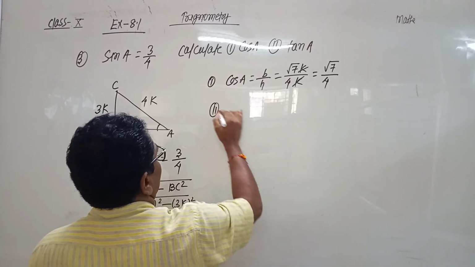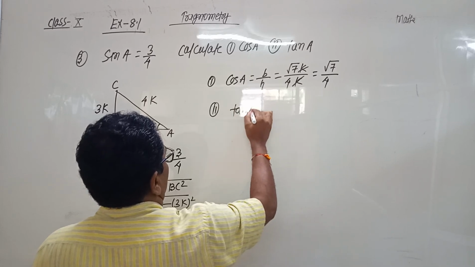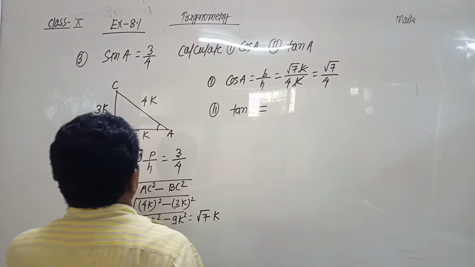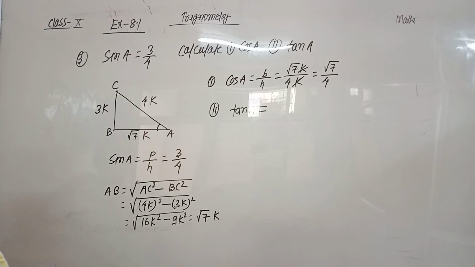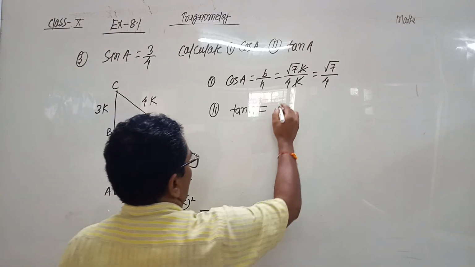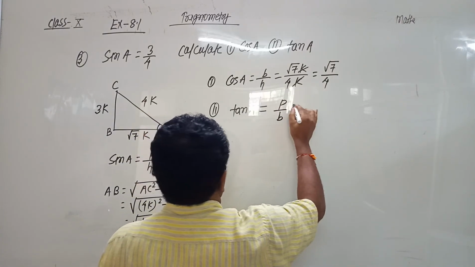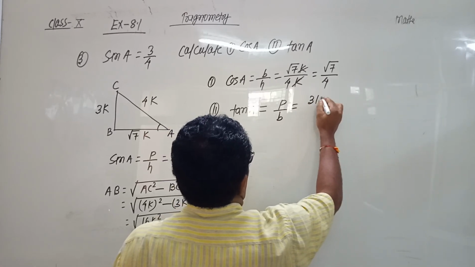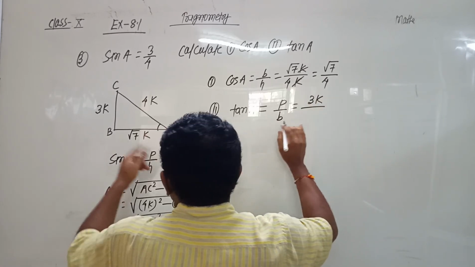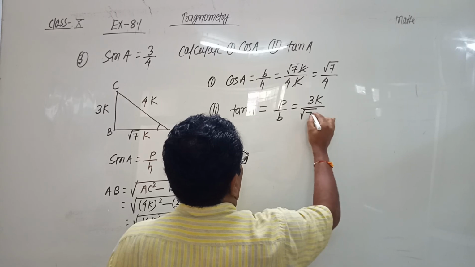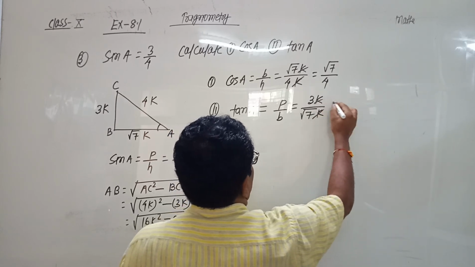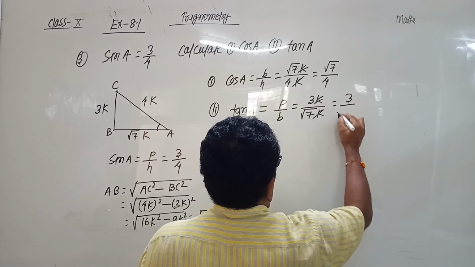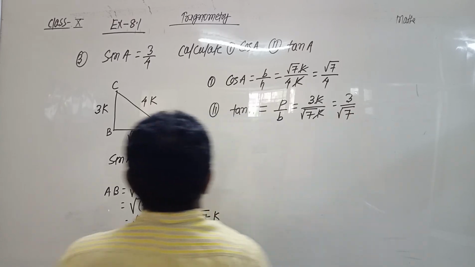Then we have to find tan A, which is perpendicular upon base. So the perpendicular is 3K and the base is root 7K. K and K cancel and we get the result 3 by root 7.